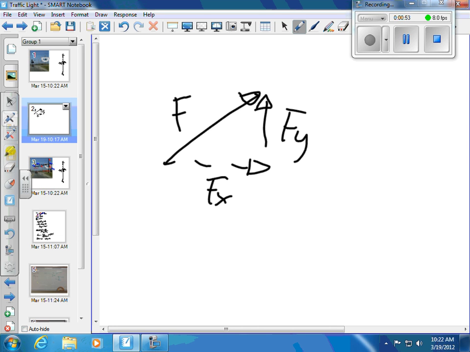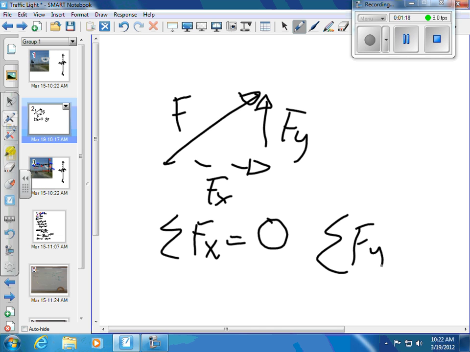Then going back to equilibrium, the sum of my Fx would equal zero. Not for this picture, just when we're looking at equilibrium. Equilibrium is the little triangle, so that's the sum of all forces. And the sum of Fy would be zero. No big deal.